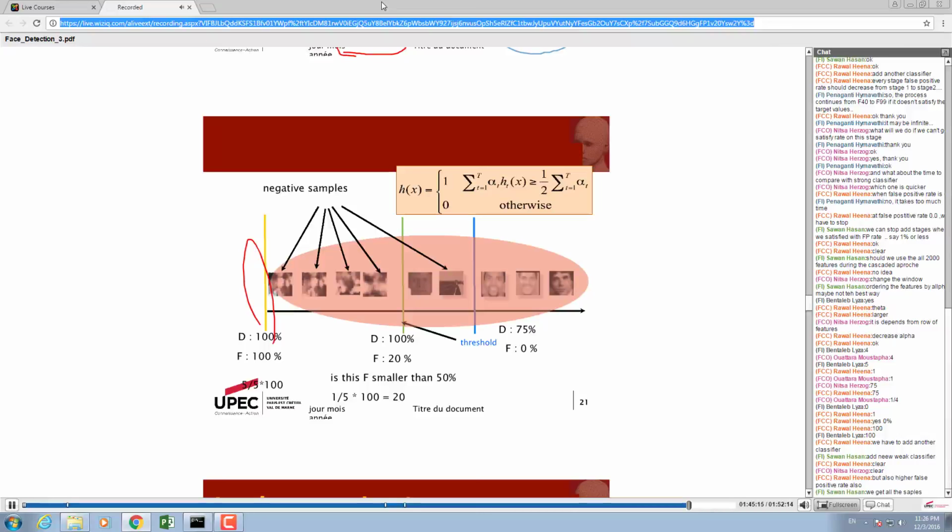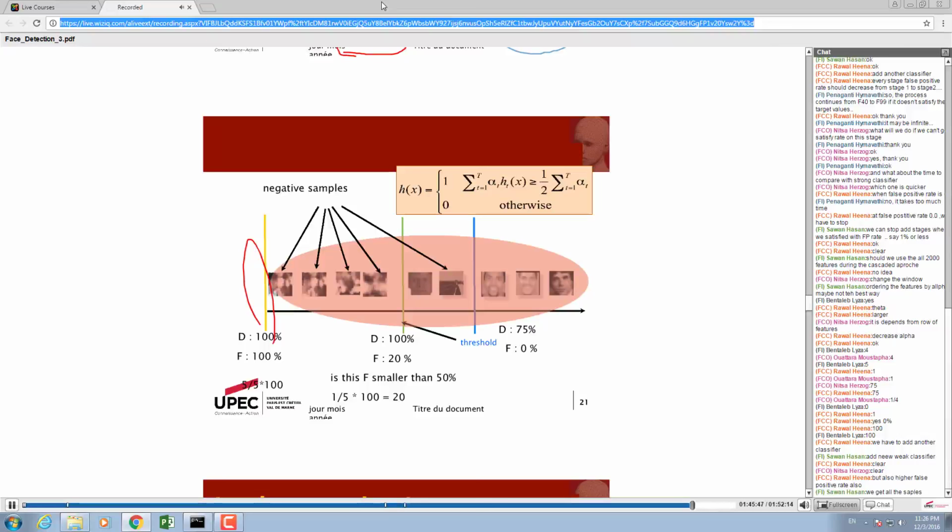If you just focus on the detection rate, you can make it 100% very easily. So in that sense, the question is wrong. You cannot just ask the detection rate. The detection rate is also important because we have to detect faces, right? I don't want to misclassify any face as non-face.